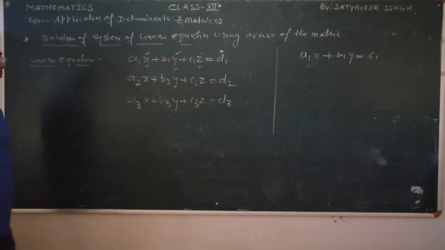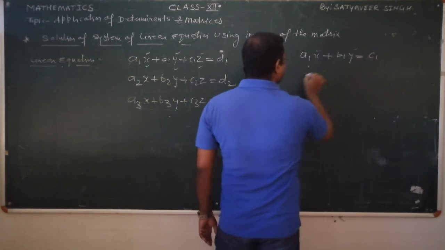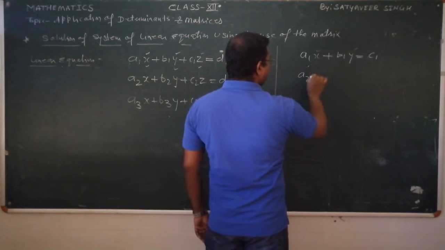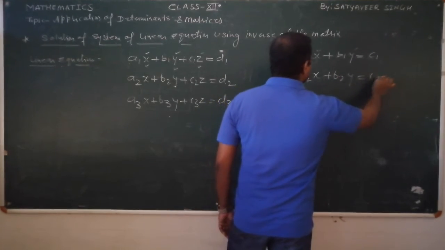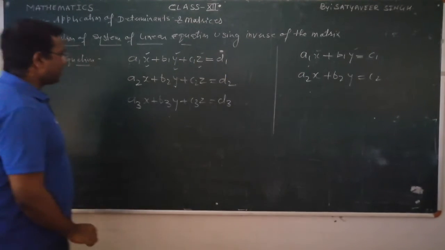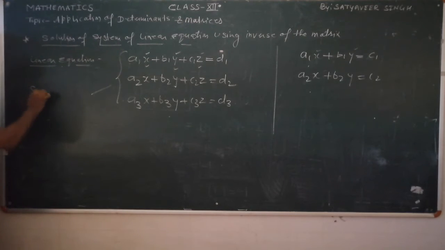These are the 3 equations. Similarly, if I am using 2 variables, there must be 2 equations, a2x plus b2y is equal to c2. So now this is called a system of linear equations.